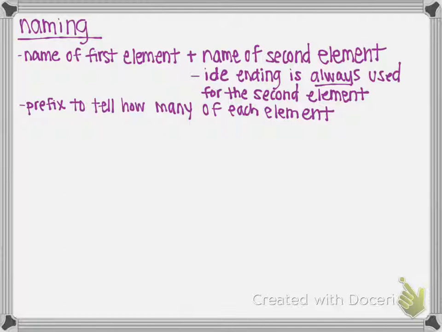So I'm going to write out the prefixes that we're going to use. Prefixes will go 1 through 10. Mono stands for 1. Di is 2. Tri is 3. Tetra is 4. Penta is 5.